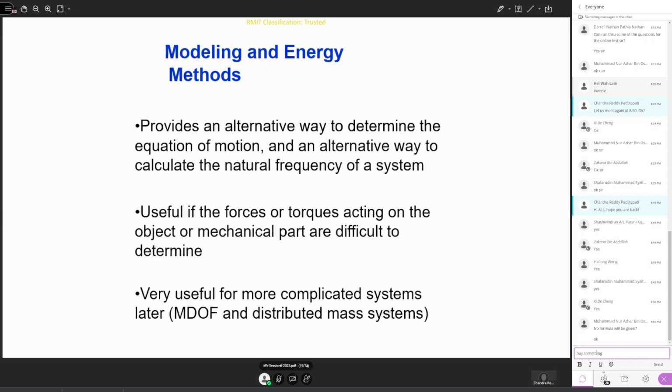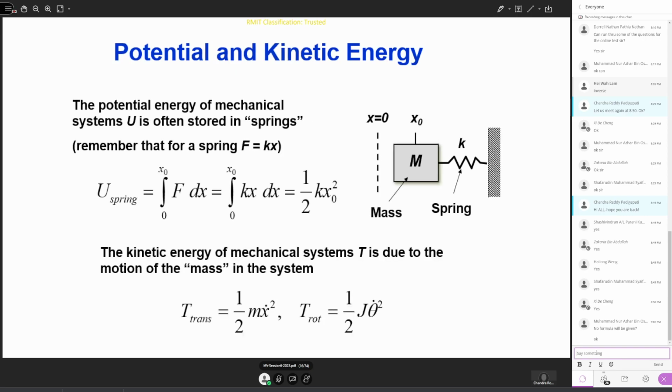So we'll be able to find the equations of motion. Your second question, guys, you're listening, right? Your second question is related to the derivation of the equation of motion of the given system. You'll also be asked to write down what the potential energy in the system is and what the kinetic energy in the system will be.